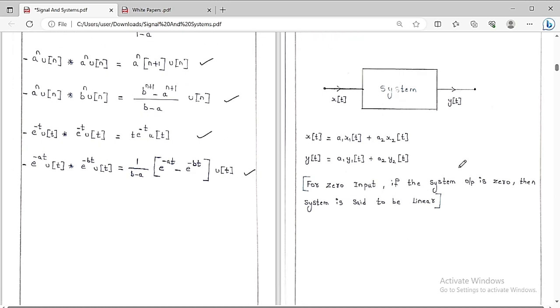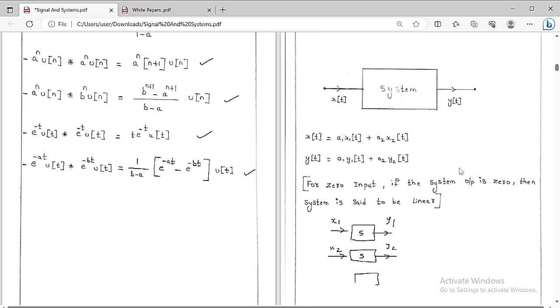Listen carefully, let me give you some detailed analysis. Suppose for the system, if the input is x1, you are going to get the output y1. Similarly, for the same system, if the input is x2, then the output is y2.